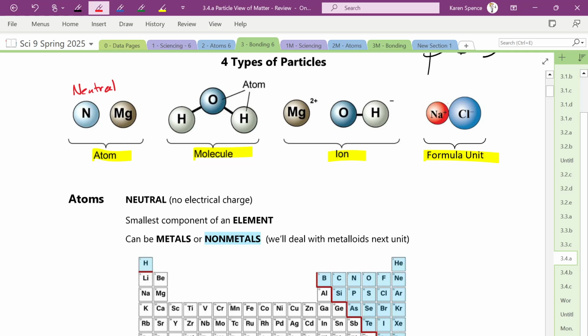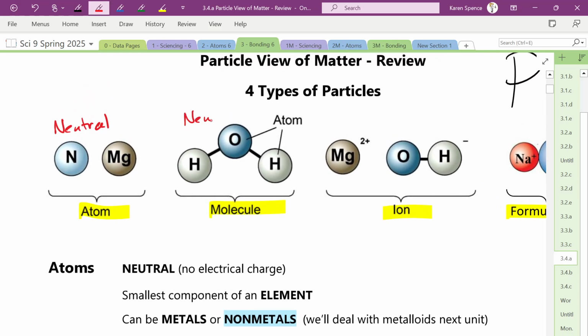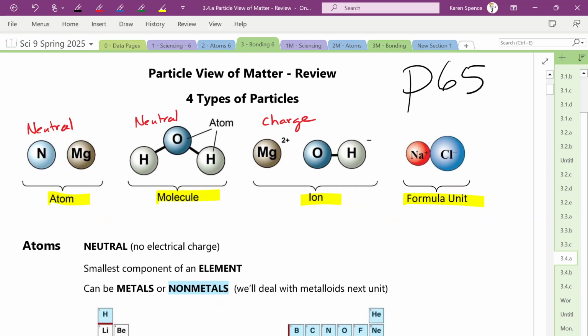Molecules, do they have a charge, or are they neutral? Neutral. Ions, do they have a charge or are they neutral? They have a charge. And how about a formula unit? Does it have a charge or is it neutral? It's neutral, but it's made up of charged particles.